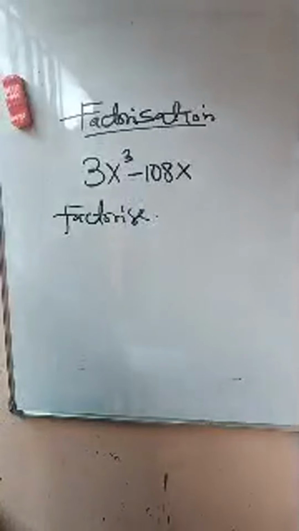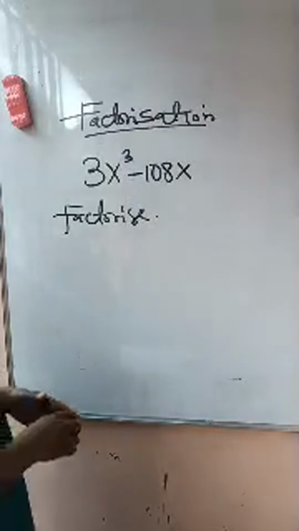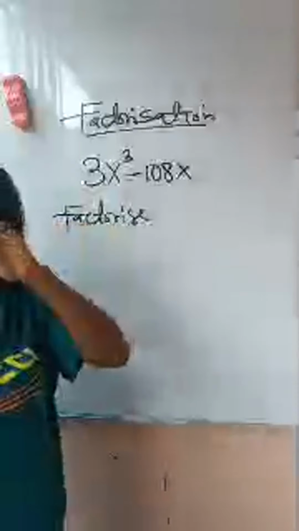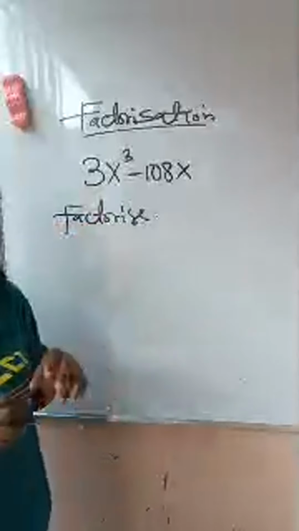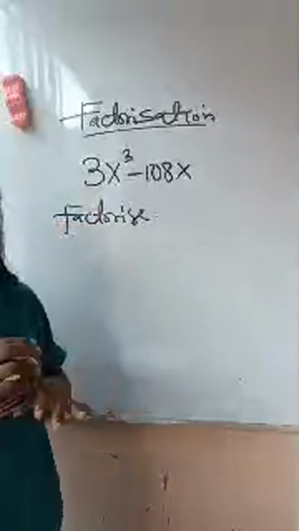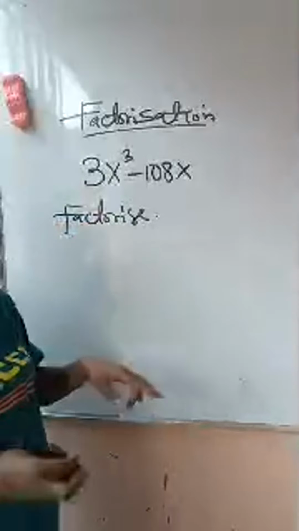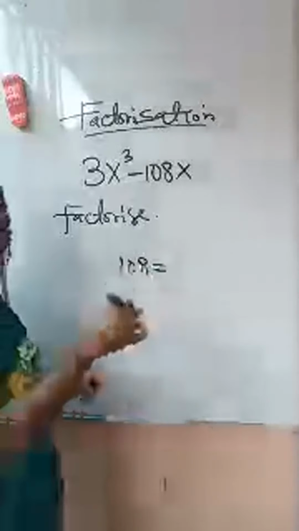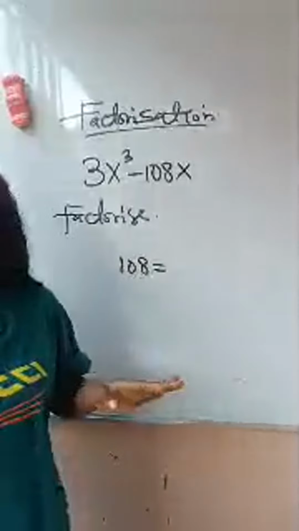First of all, we need to check. You can easily detect when a number is divisible by 3 if you use the law of divisibility of 3. When you add the digits of a number and it gives you a number divisible by 3, that means that number is divisible by 3.